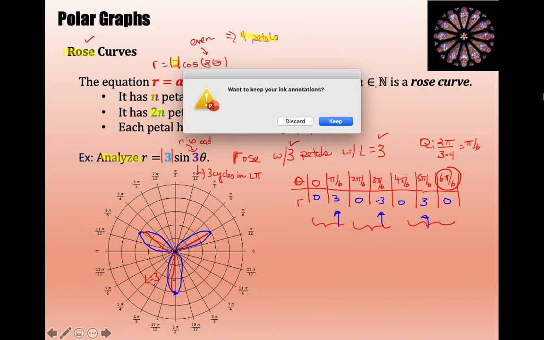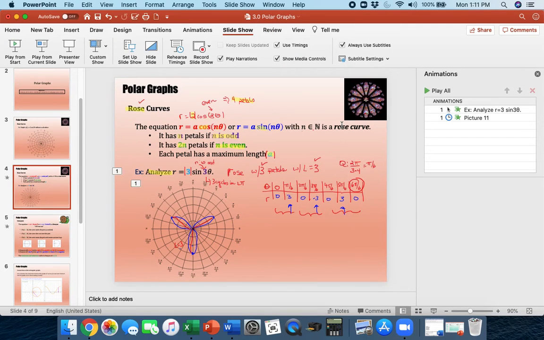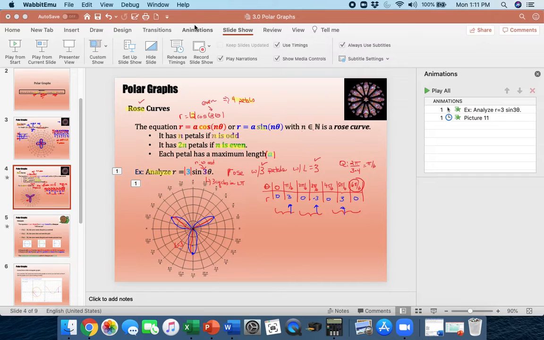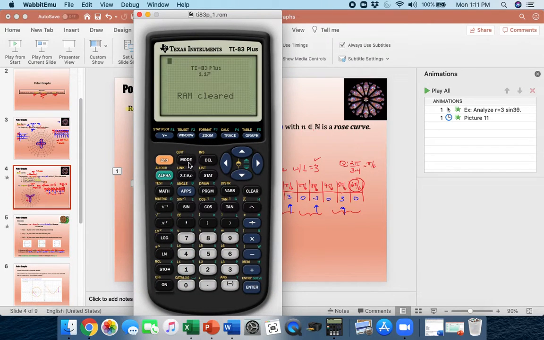Let me go to my calculator now, and I want you to change one of your settings. You've already, I hope, changed to polar mode. But I also want you to change from sequential to simultaneous. Don't hit graph yet.